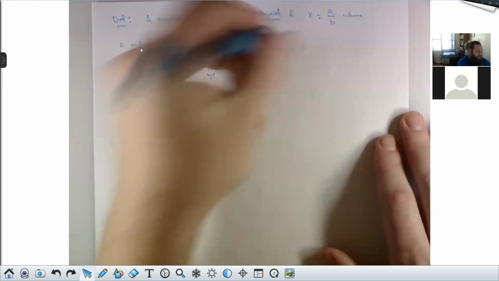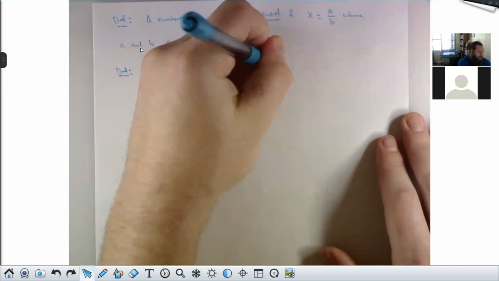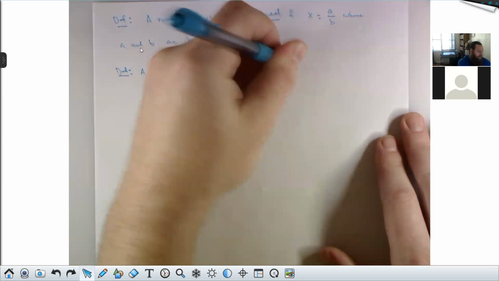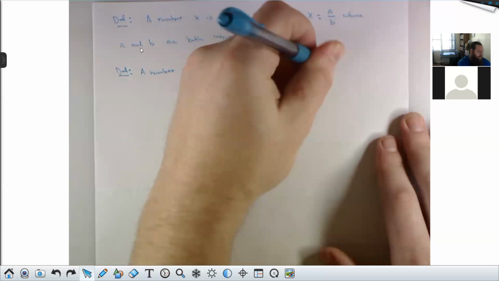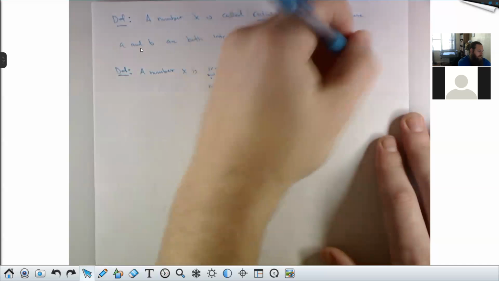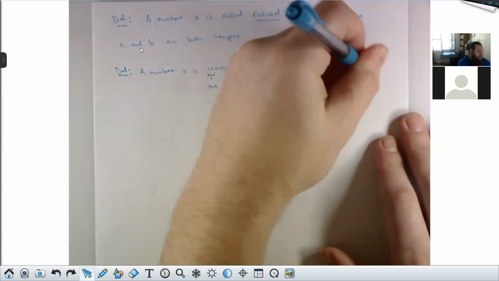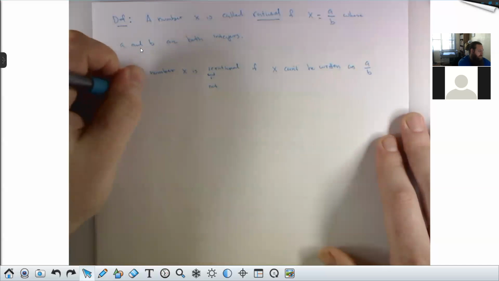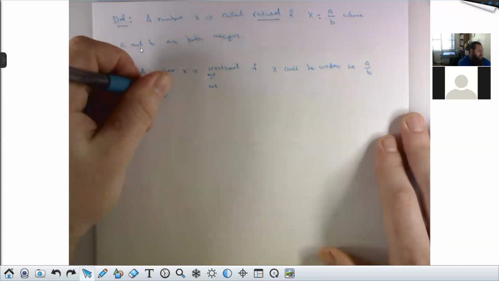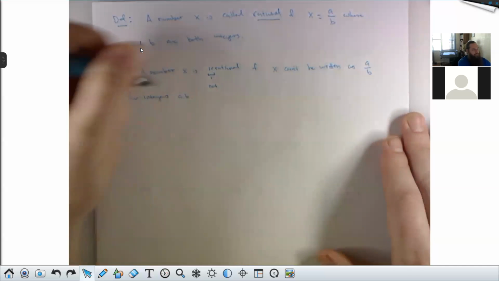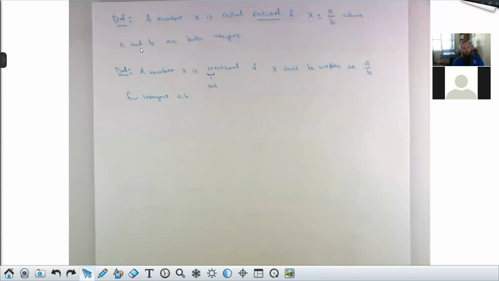So if x can't be written as a over b for integers a and b, not necessarily that b is 0, but just that there's no way to write this number as a fraction with whole numbers, that's what irrational means.